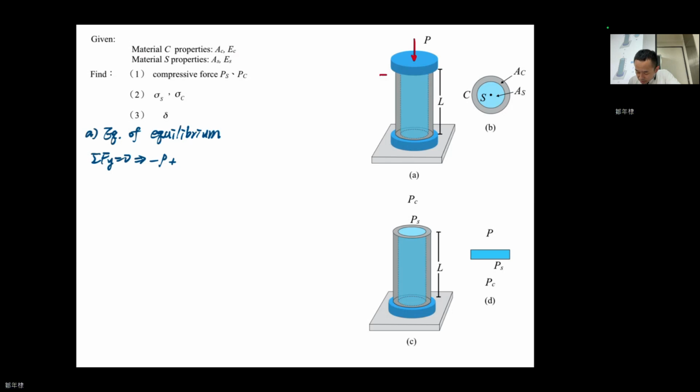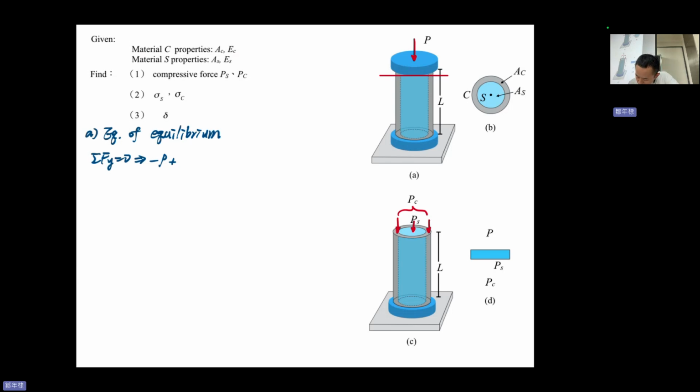If you cut it, you will leave it like this. So you can imagine that the PS is what the steel, or material S, suffered. And PC is all around, like a circle, right? Sorry, I cannot draw it like this, otherwise you cannot see anything. Okay, so this is kind of a circular force, PC.